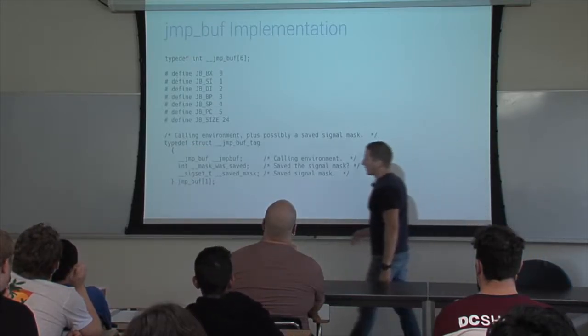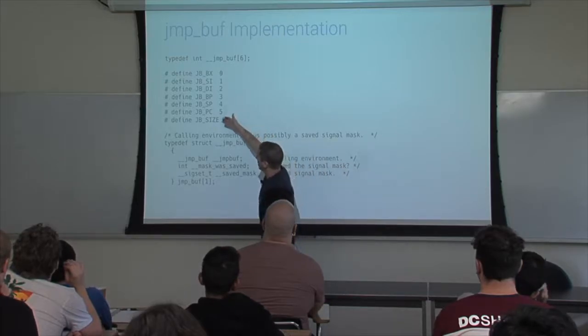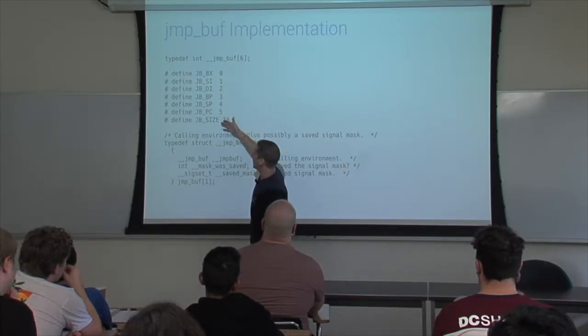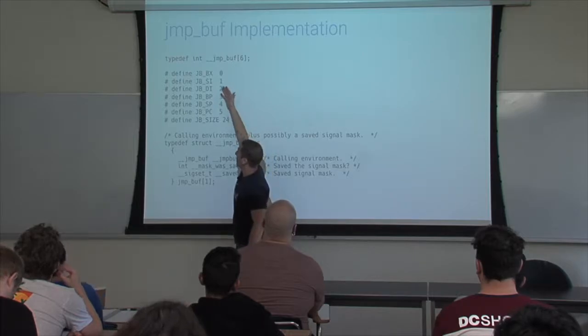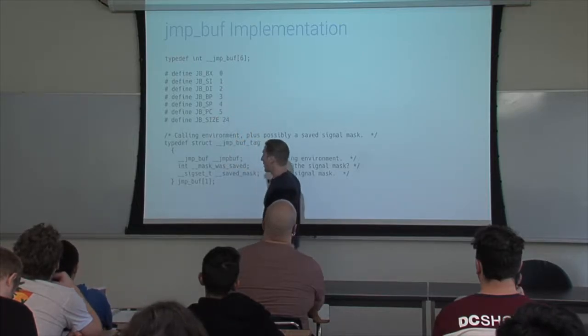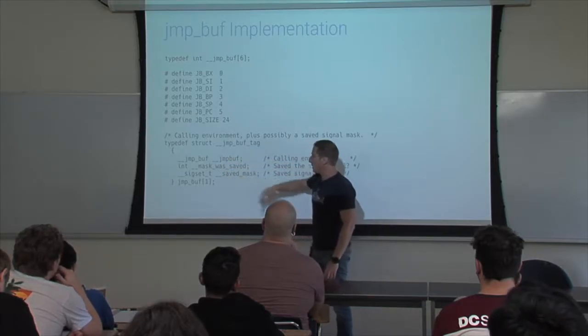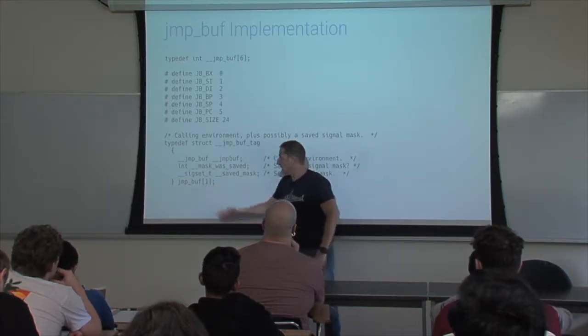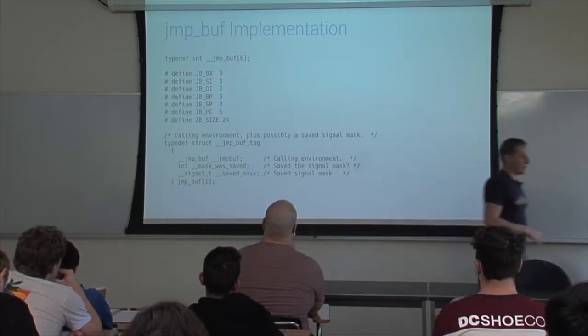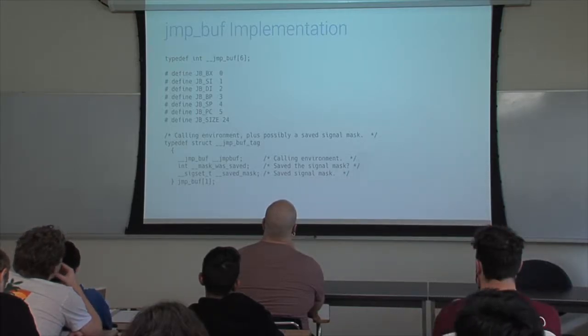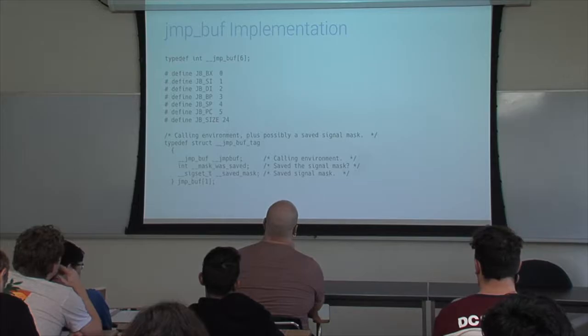The data structure contains the various registers that need to be saved. And so you have something that is saved, and exactly the signals that need to be remembered, the signal mask.